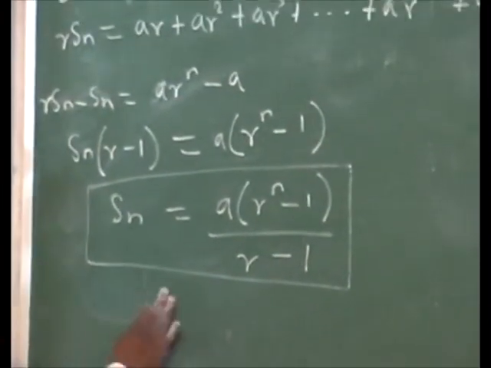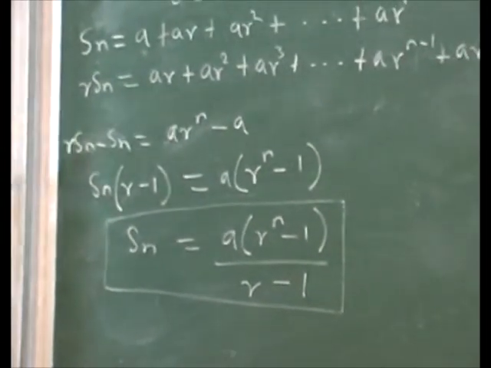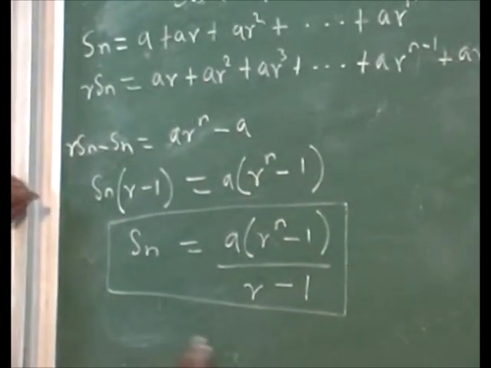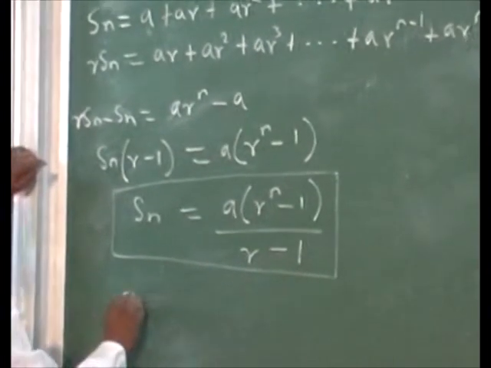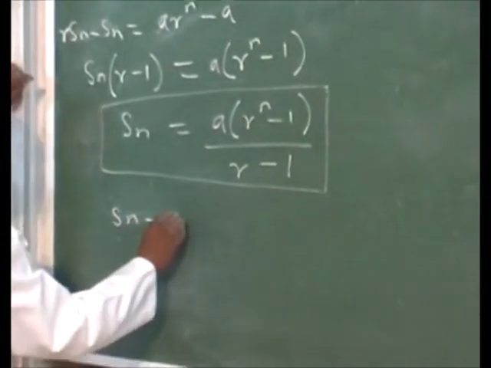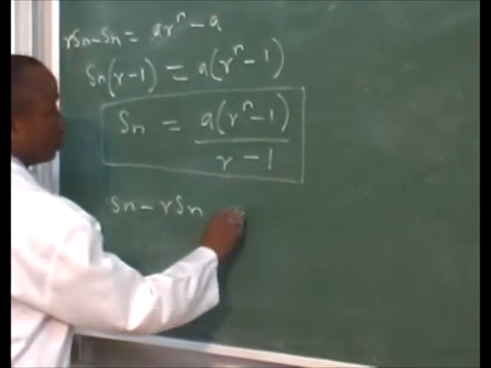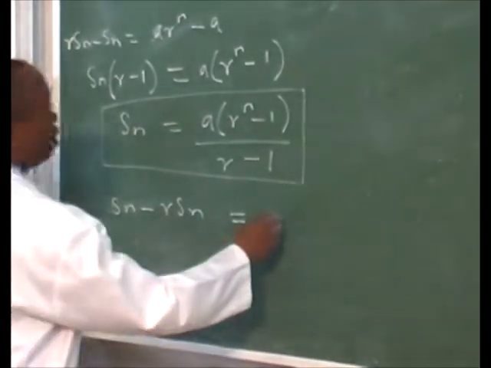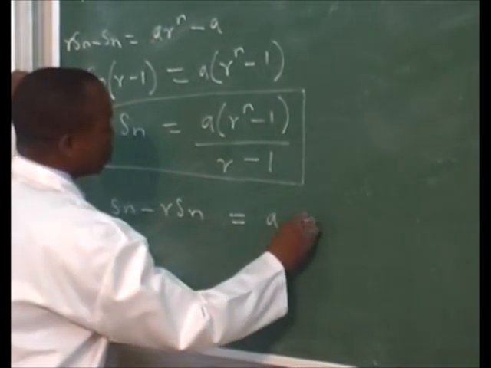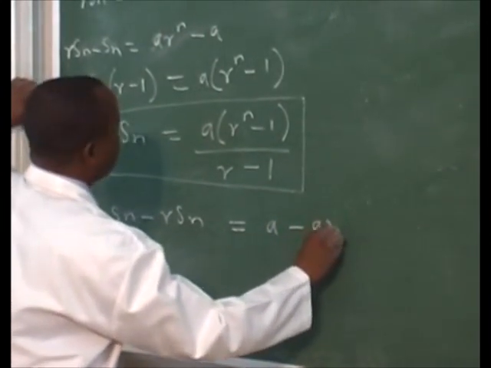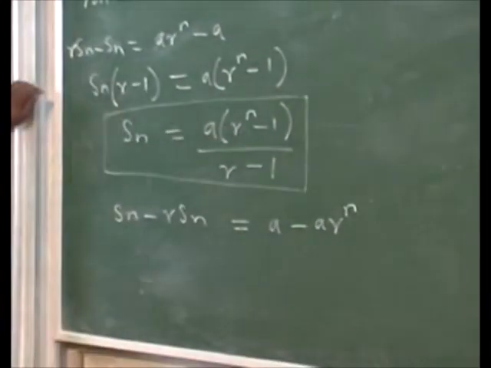Now, we can also subtract equation 2 from 1. That is to say, Sn minus Rsn will be equal to A minus AR raised to n.